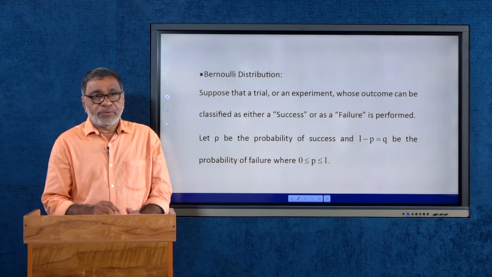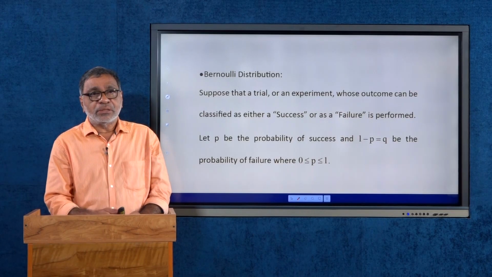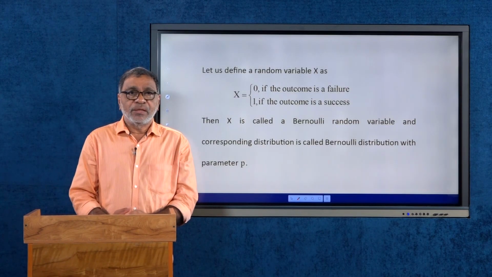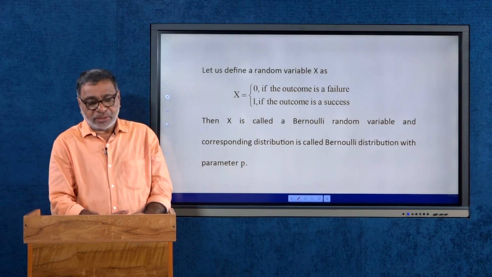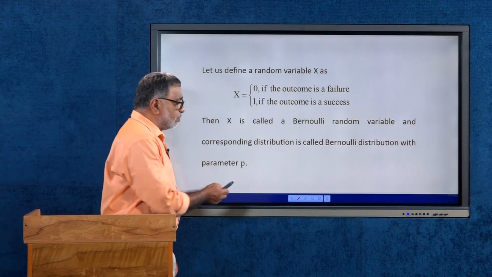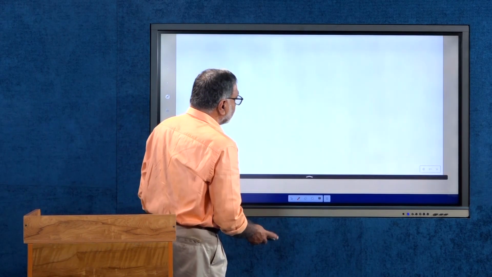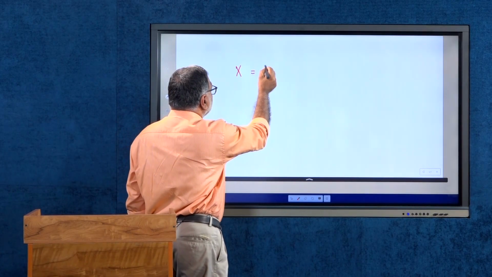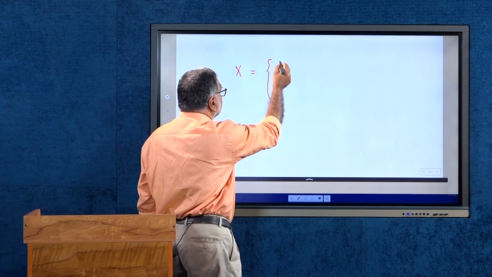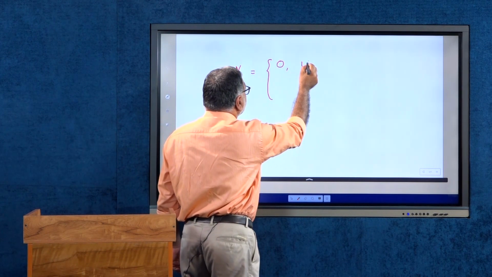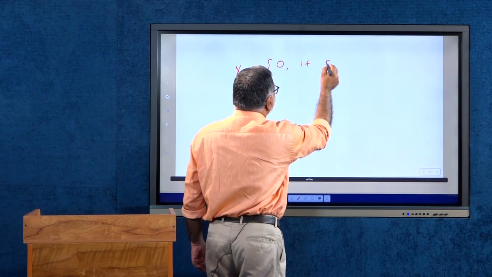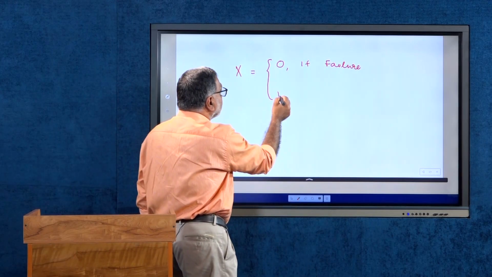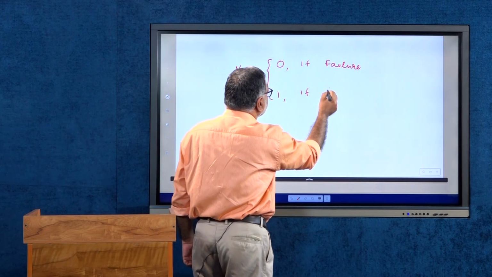So, we consider the Bernoulli distribution, and suppose you are considering a discrete random variable, of course. Define the random variable x, having only 2 values: 0 if the outcome is a failure, and 1 if the outcome is a success.